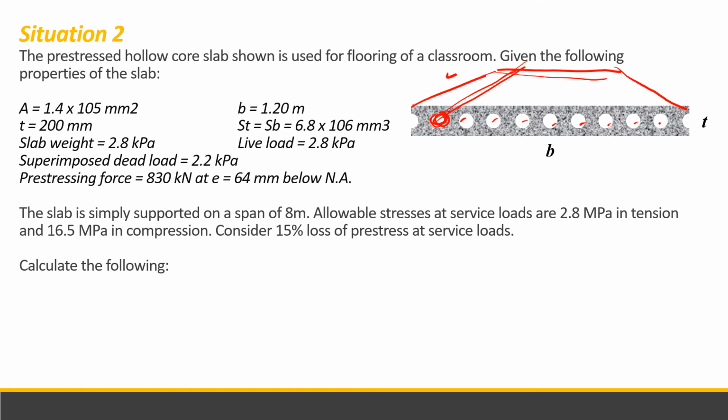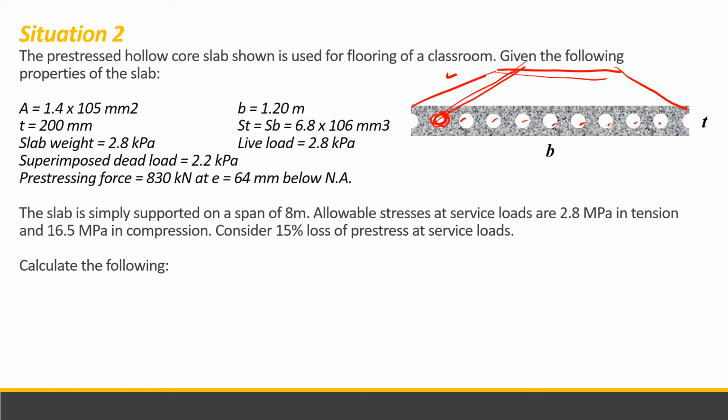The base or the width is 1.2 meters. And section modulus. So section modulus is I over C, moment of inertia over the C, or yung outermost fiber. So 6.8 times 10 to the power of 6 millimeter cube. And live load is 2.8 kPa.